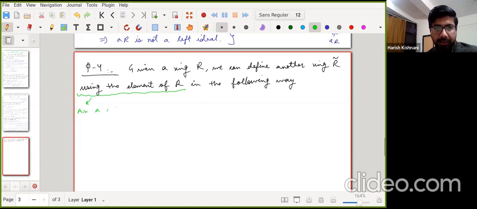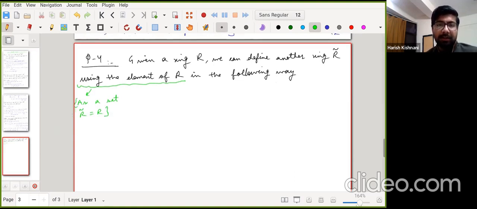As a set, R delta is the same as R. And you will see that even after altering the operations significantly, R delta is going to be isomorphic to this R. So let me define the new operations.